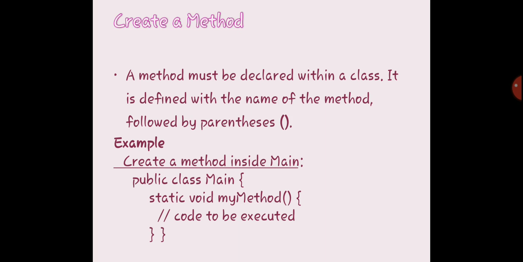A method must be declared within a class like this. See the coding: public class Main is the name of the class, and inside that I am creating my method as a static method. After that, within braces, the code to be executed will be given.